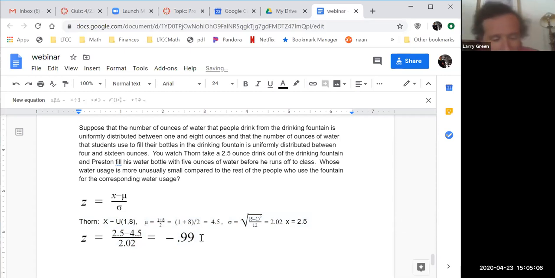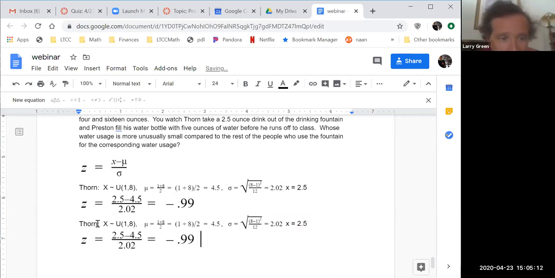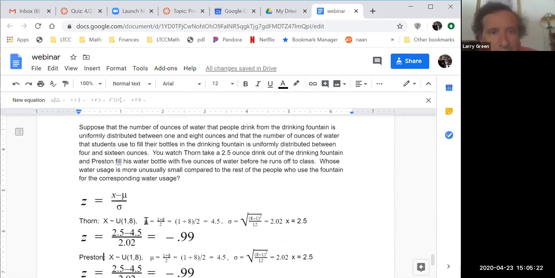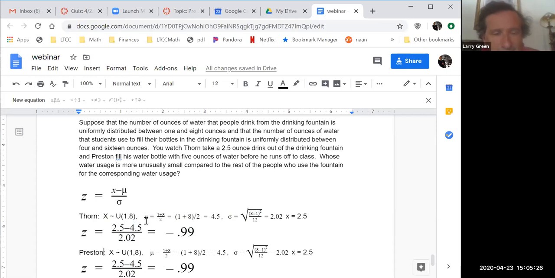We've got to do the same thing, but now we're going to do it for Preston. So let's just change what we need to change. Let's figure out what Preston's distribution is. For Preston, it's uniform between what and what? Not 1 and 8 anymore.